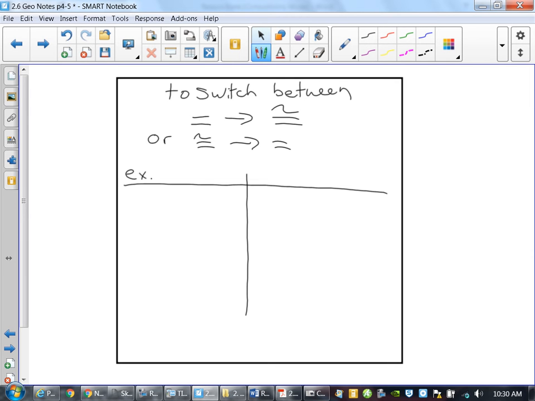Let's say AB equals BC, and that's given. In order for us to switch it to congruent, our reason is, this is a real tough one. Definition of congruency. That's it.